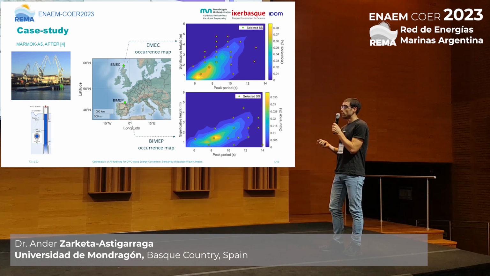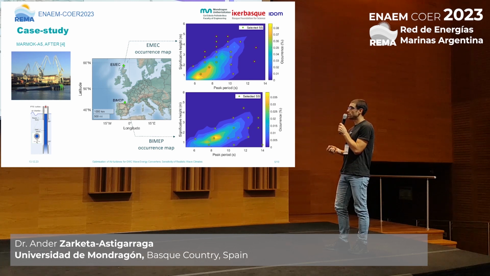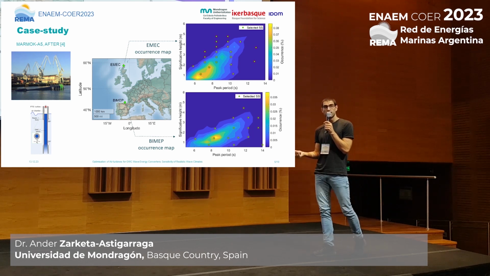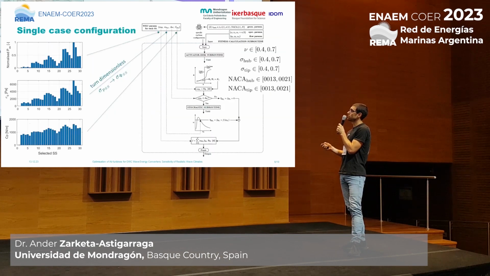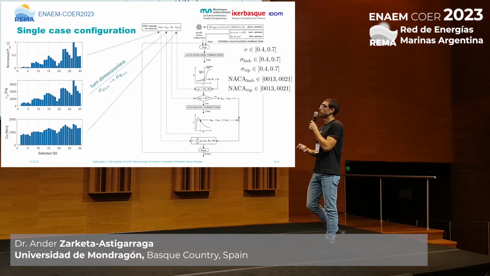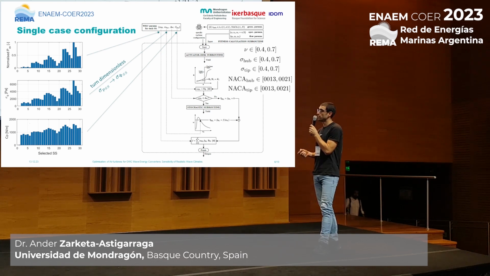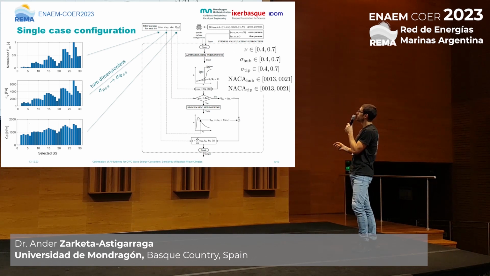As the point is to see how the optimization works in different sites, we will be launching our campaign at BMEP in the Basque country and at IMEC in Scotland, because they have really different, or relatively different, C state conditions. We take the 30 most energetic C state conditions and we compute the normalized available power, the damping coefficient, and the dimensionless standard deviation of the pressure, and we let all the loose geometrical parameters vary within these ranges here.